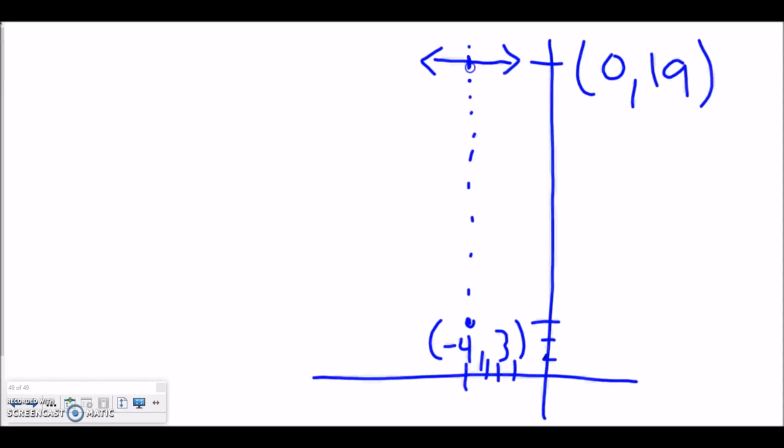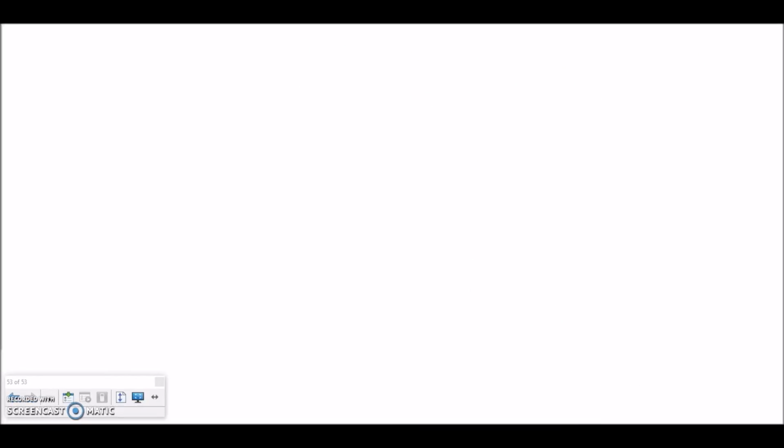I mean, if we went from -4, if we go 4 right, that gets me to (0, 19). What would happen if I went 4 left? What point would that be? Do you see that that's (-8, 19)? Okay, the next thing they're going to ask us is our reflective point.